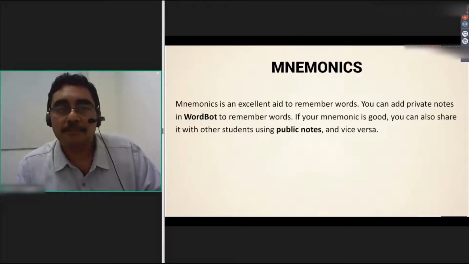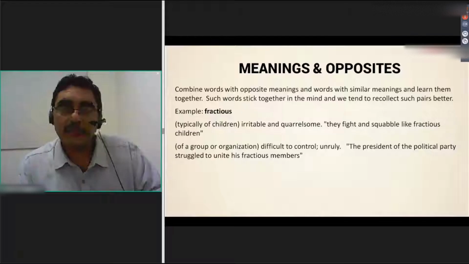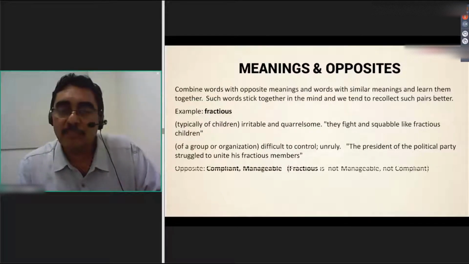The other way is to learn words along with synonyms and their opposites, their antonyms. So it's easy when you learn words in a context. Again in the WordBot, for every word we also give you synonyms and antonyms.